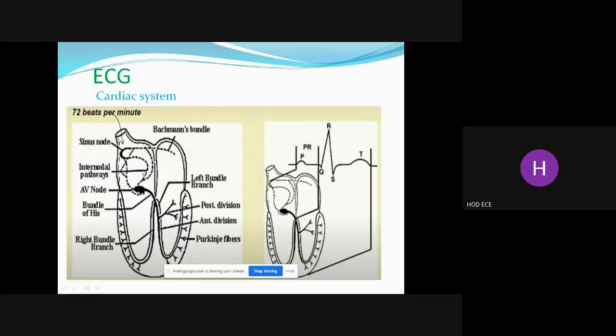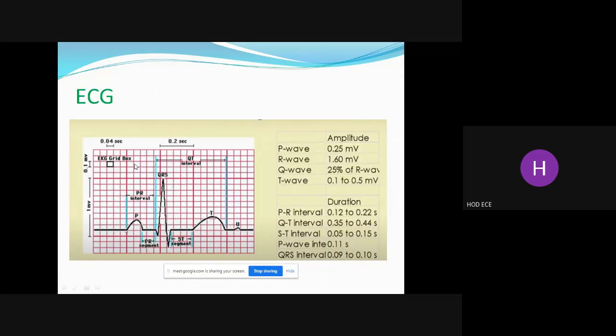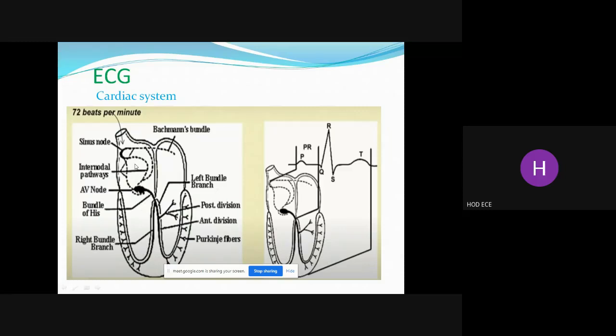The upper two chambers, we have right and left. The atriums collect the blood.